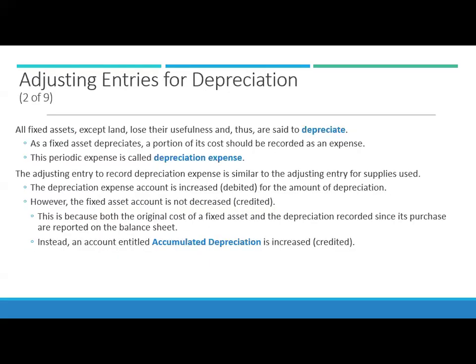All fixed assets except for land lose their usefulness. So land is never depreciated. And that's really important, because land doesn't lose its value over time. Really the only way land could lose its value or usefulness is if there was some sort of major earthquake or chemical flood or some very big point-in-time disaster.